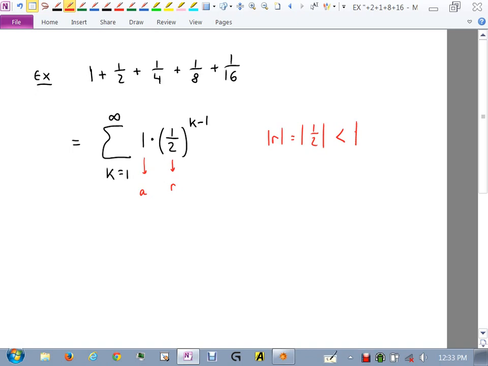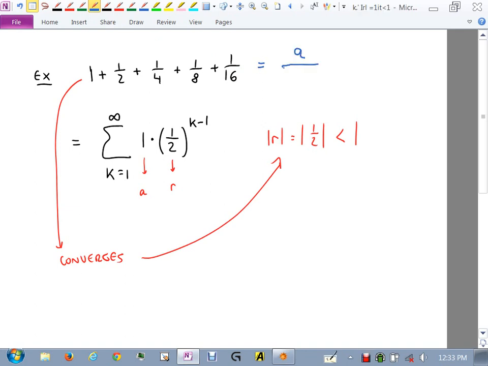What does it converge to? A over 1 minus r, right? Which is 1 over 1 minus 1/2, which is 1 over 1/2, which is 2.